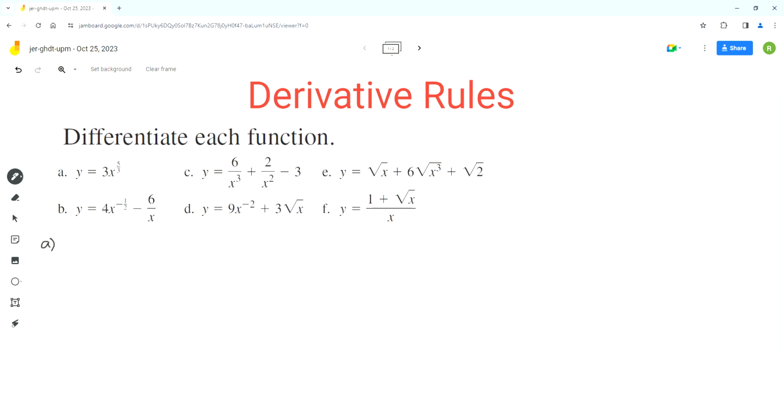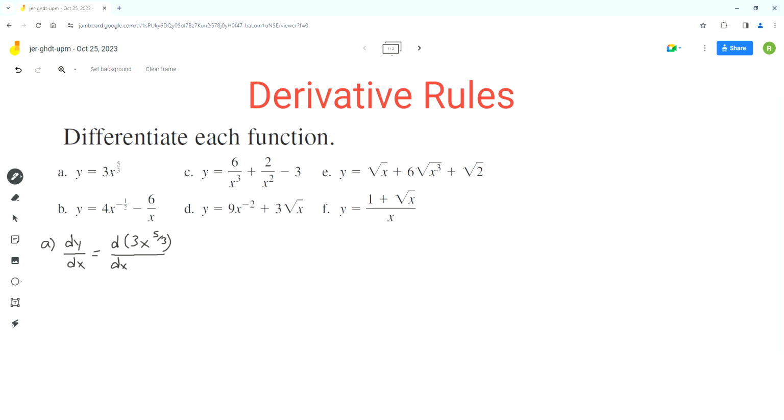So we can write our first step as, we can change y to dy over dx, so we can use the Leibniz notation. So we get dy over dx equals the derivative of 3 times x to the power 5 over 3 over dx.